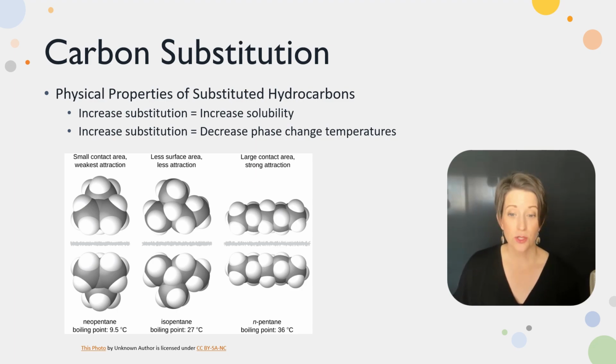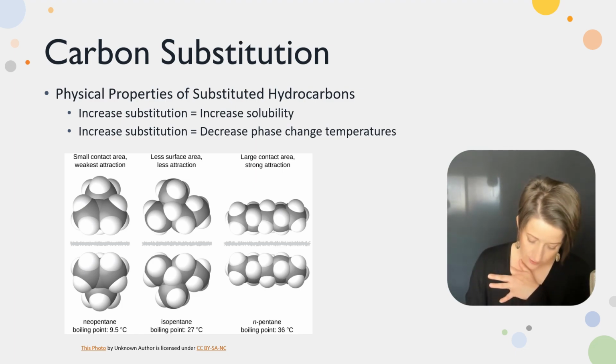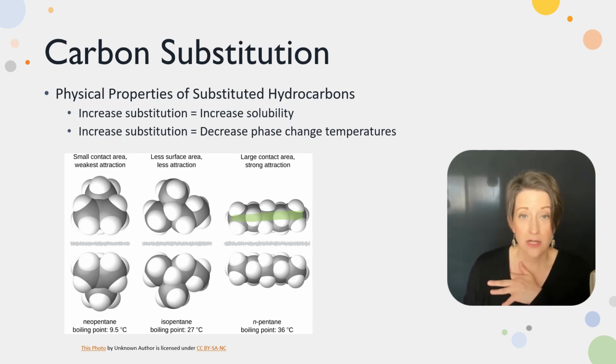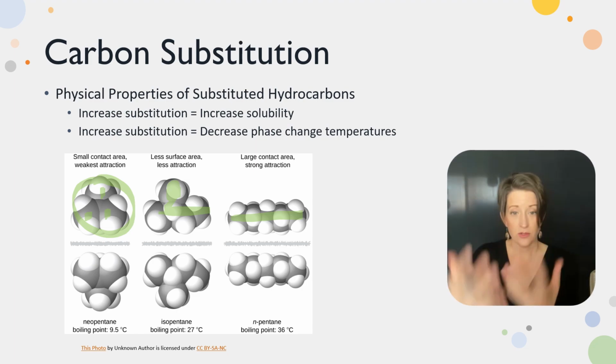The spherical shape is easier to surround with our solvent to allow for a potential increase in solubility. So as you can see in this imagery, in our first parent chain hydrocarbon, versus once we started one substituted spot versus multiple substituted spots, it becomes more spherical, easier to surround.